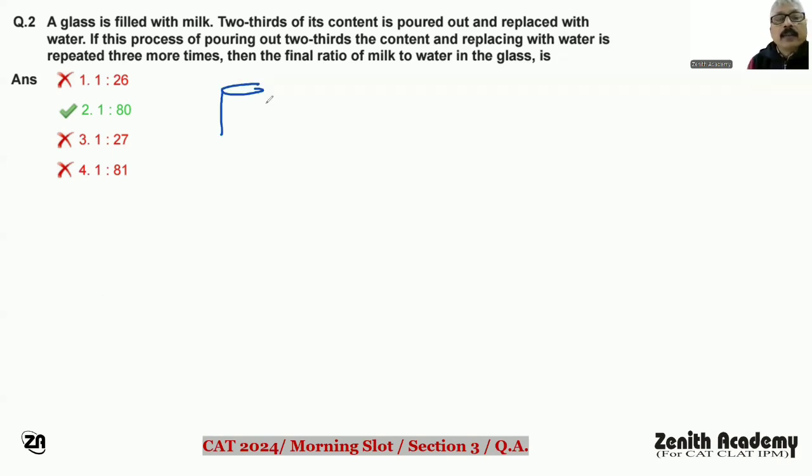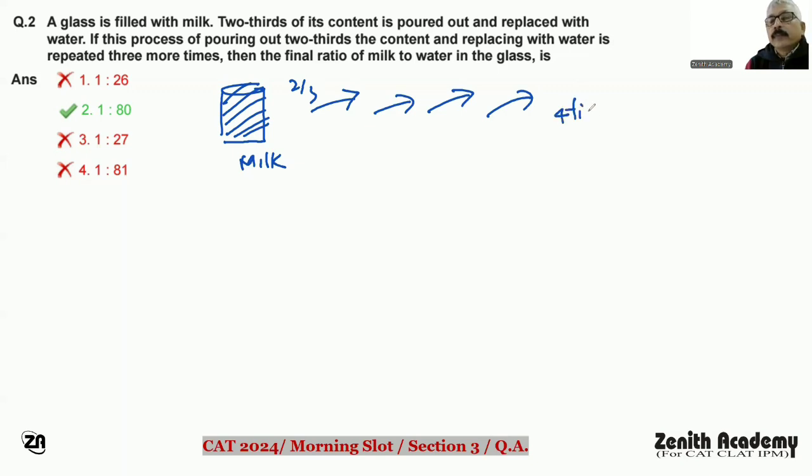Initially, it was full of milk, and two-thirds of its content is poured out and replaced with water, and this process is repeated 4 times. Finally, the quantity of milk left after 4 operations is this.